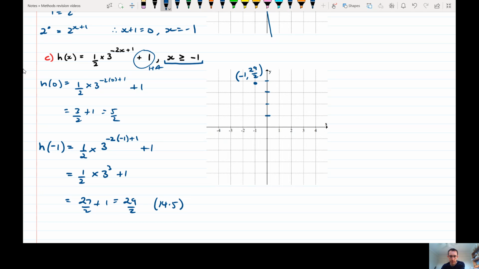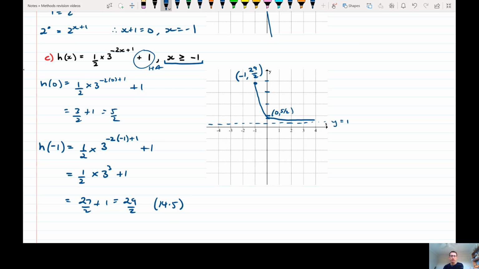We're going to come through, that's 3 there, so 2.5 is going to be pretty close to 3, so 0, 5/2, and we're going to have the horizontal asymptote running along at y = 1 here. And then we're going to join our dots going through here again. So we're going to come down, it's going to be pretty steep, come down through there, and then head down towards our asymptote there. That's how we draw our graphs.